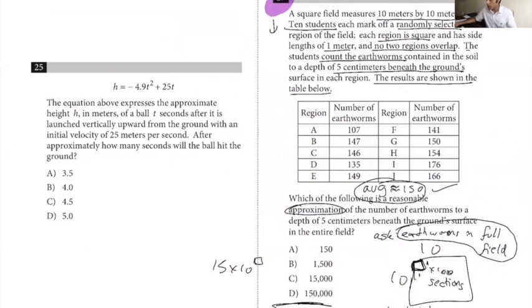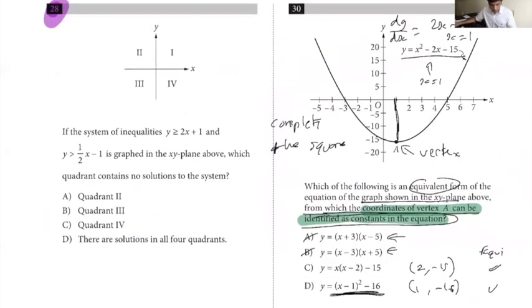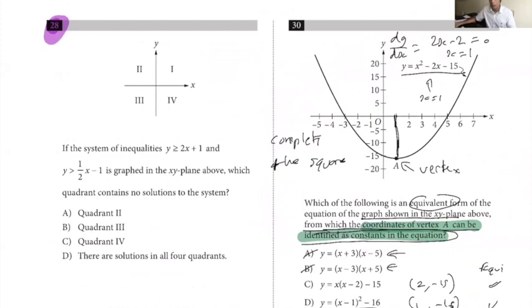So let's keep going, 4.28. All right, we're going to do 28.